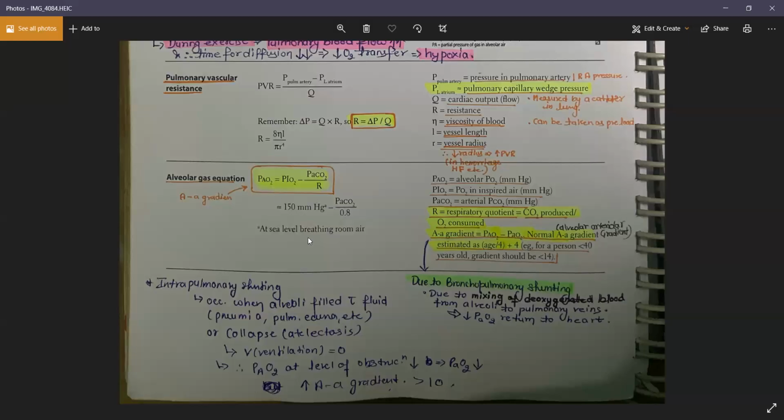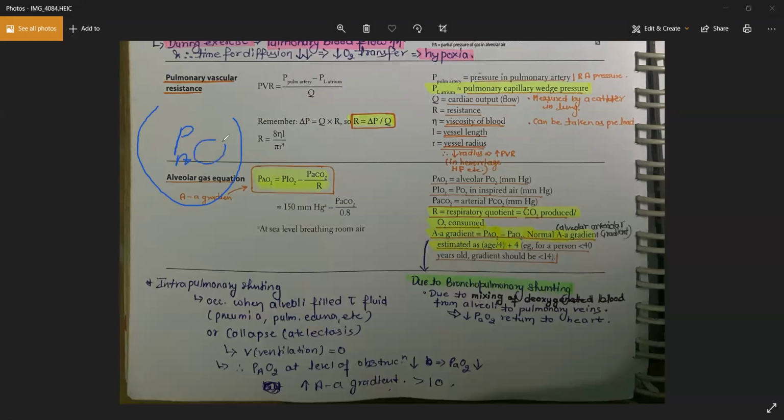Now you have an A-a gradient. Let me draw it for you. This is your alveoli. It has the partial pressure, capital A O2. This is your blood. It has some pressure initially, small a O2, before the alveoli. After the alveoli, it again has some PaO2, which is different from the previous PaO2.